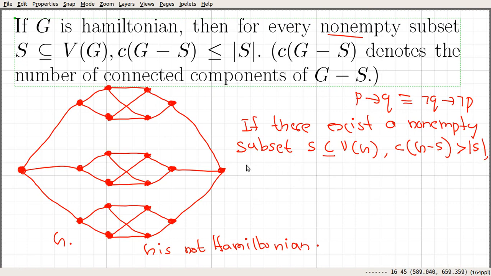Then that says the graph, in this case G, is non-Hamiltonian.